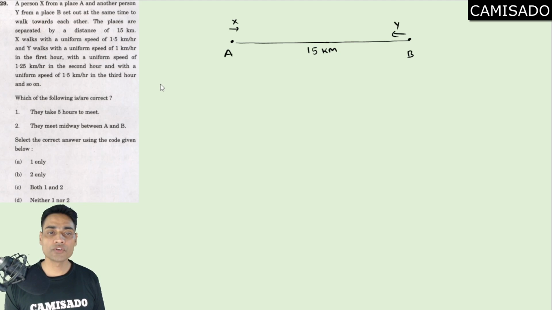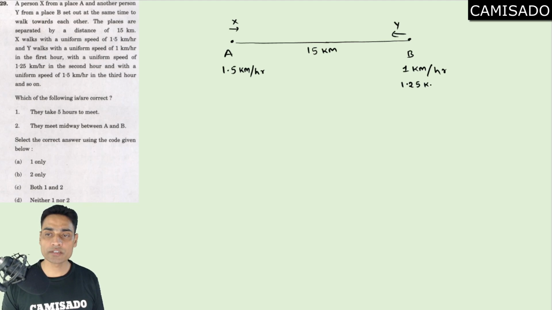X walks with a uniform speed of 1.5 km per hour. The value of speed for X is 1.5 km per hour, but Y walks with a uniform speed of 1 km per hour in the first hour. His speed varies. For first hour, his speed is 1 km per hour. Next, uniform speed of 1.25.